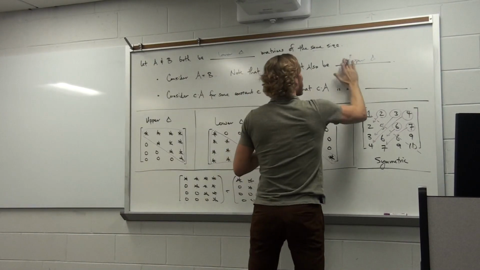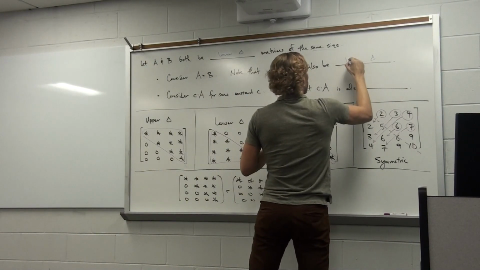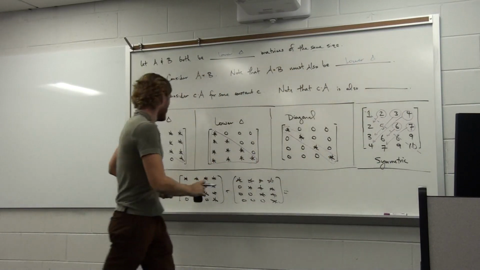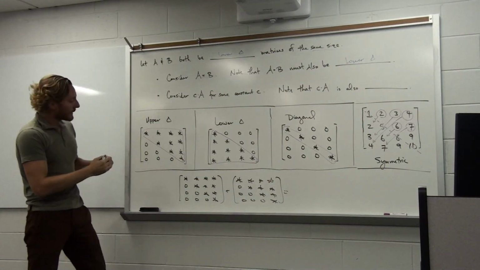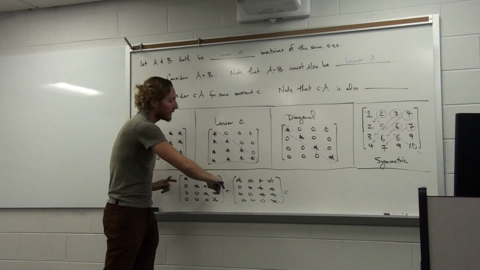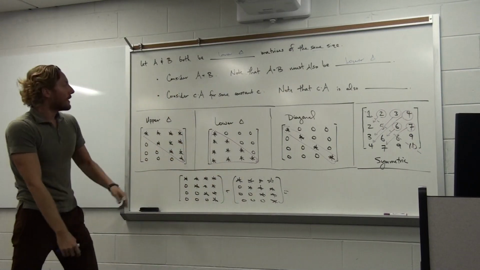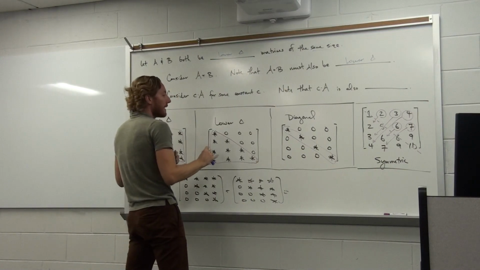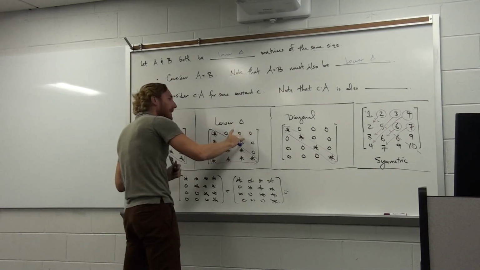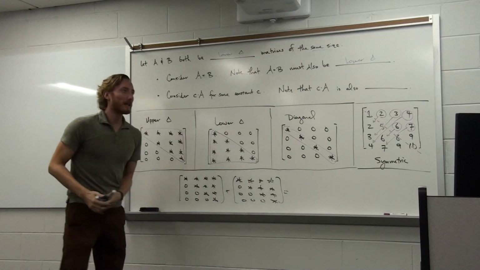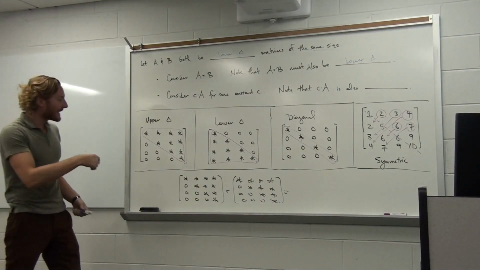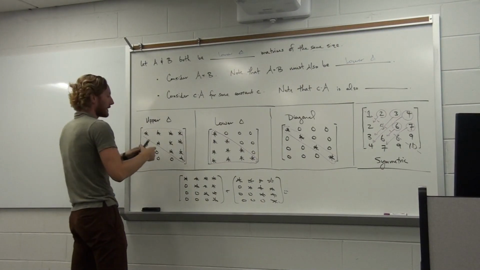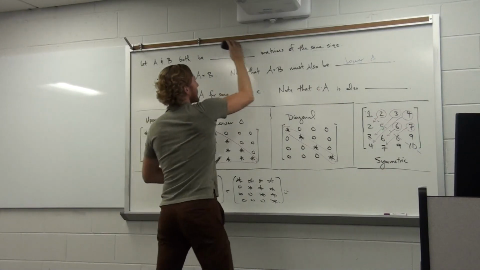Because just as with the upper triangular matrices, whenever the 0 values below the diagonal are added, it's 0 plus 0. If you added a pair of lower triangular matrices together, the 0 entries above the diagonal would add with one another and remain 0. Think about this for diagonal matrices as well.